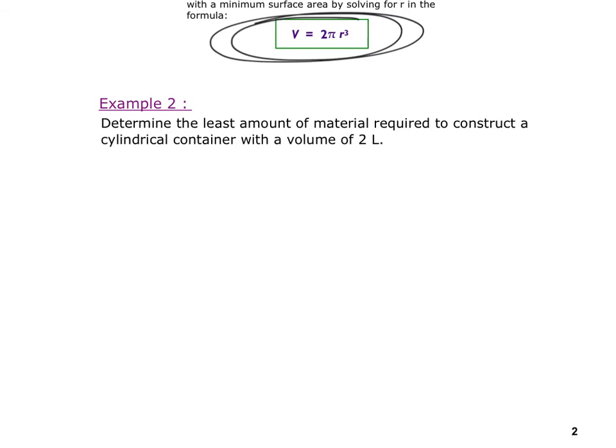So 1 cubic meter, no, because 100 centimeters is 1 meter. So there's 1,000 centiliters in 1 liter? Okay, so then convert.